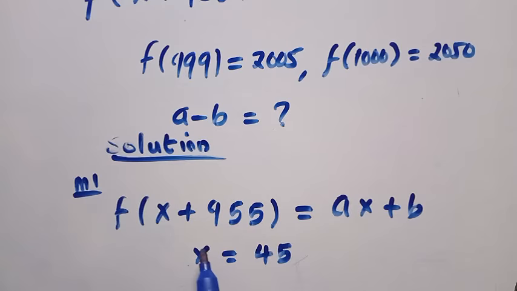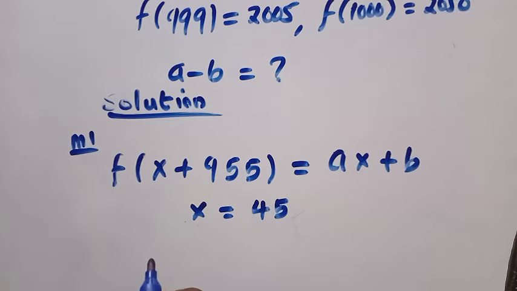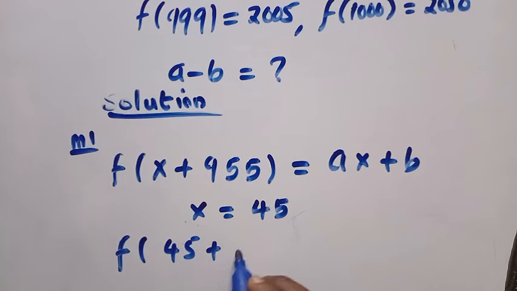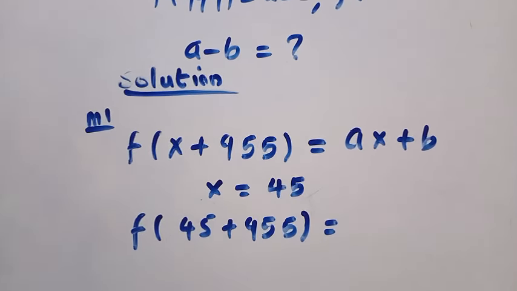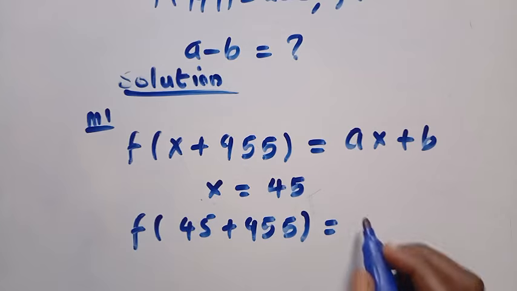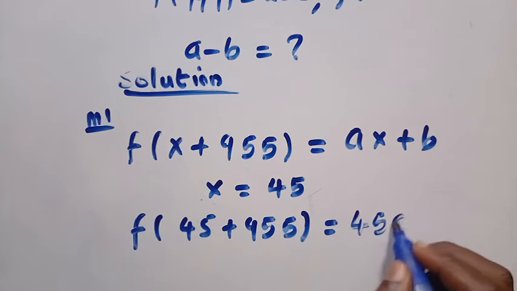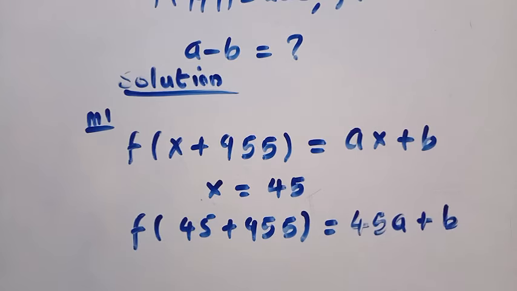And since f of 1000 equals 2050, then we have f of 45 plus 955 equals, anywhere we see x, we are going to be replacing it with 45. So a gives us 45a plus b.